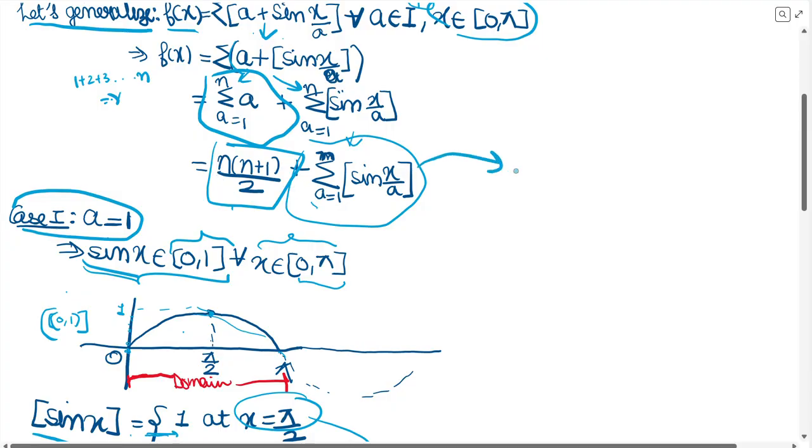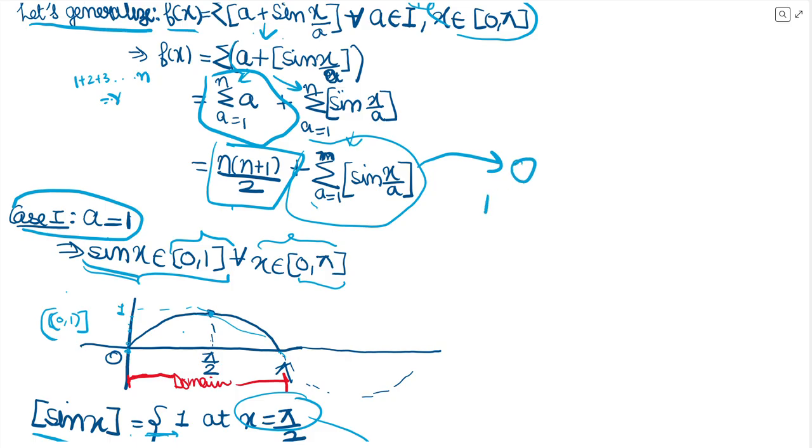Now we are saying that this is mostly 0, but for a equal to 1 and 2, it is becoming 1. But these are also becoming 1 at separate values of x, remember. We need pi by 2 for one part to become 1 and pi for another part to become 1, and x cannot take both values simultaneously, right?